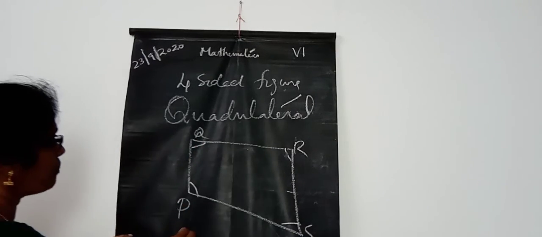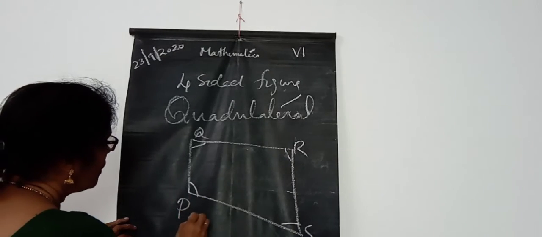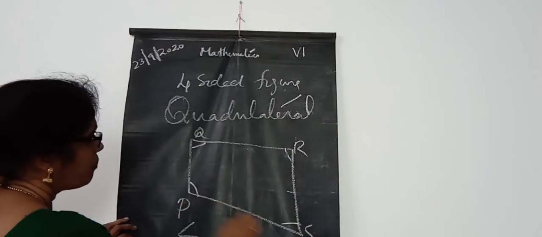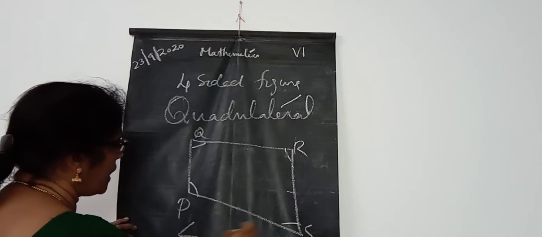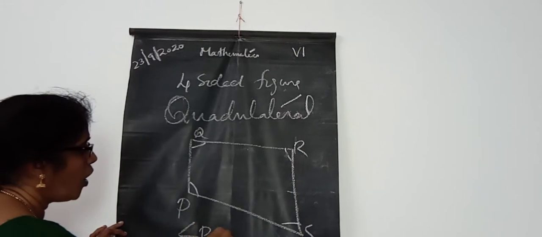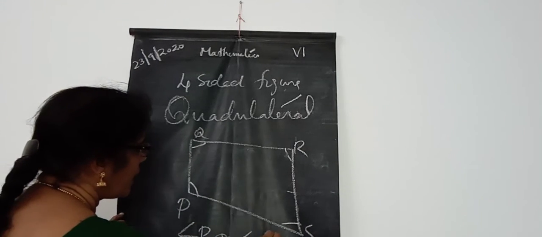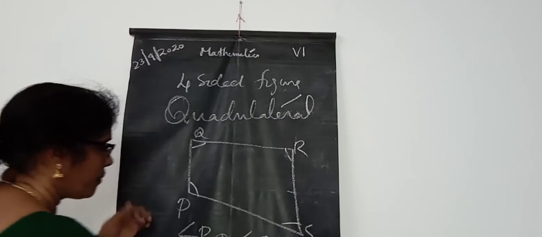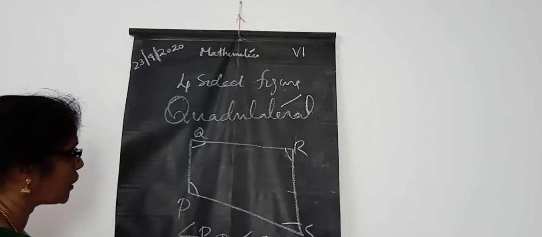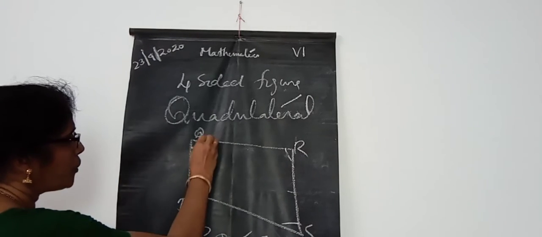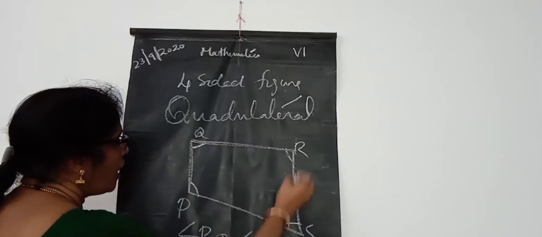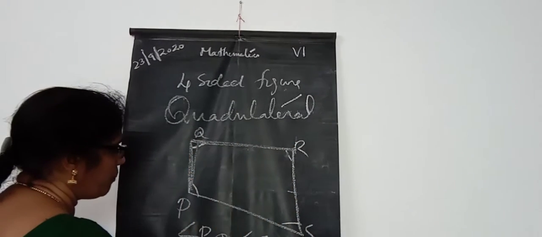Vertex P is also angle SPQ. Another one is angle PQR or RQP.